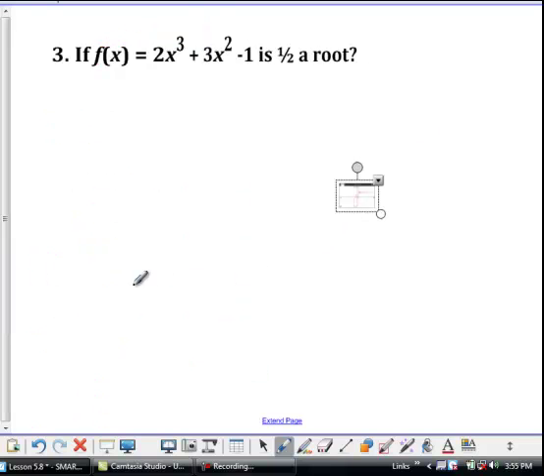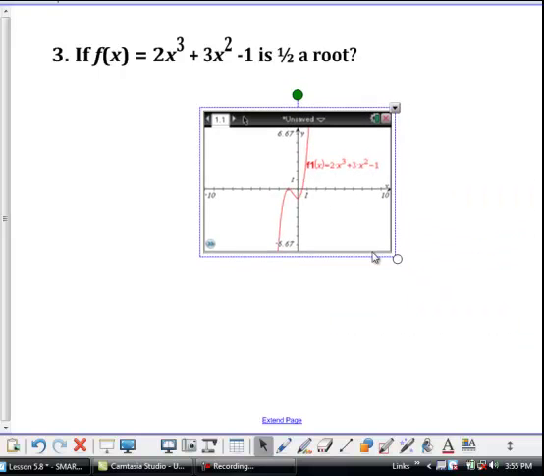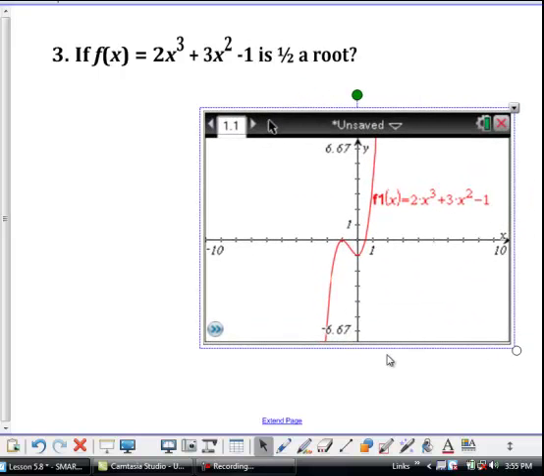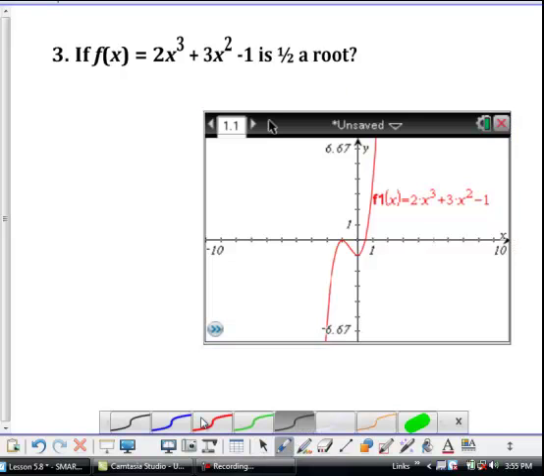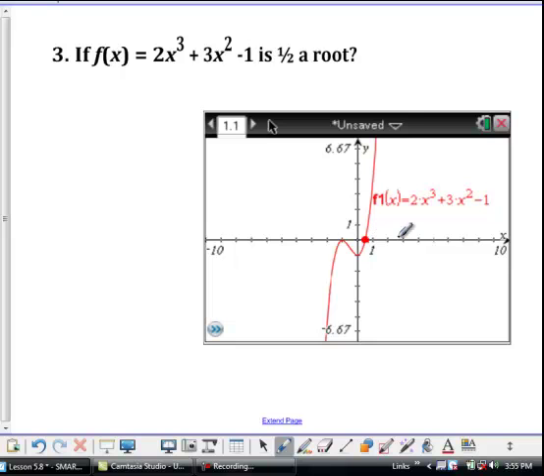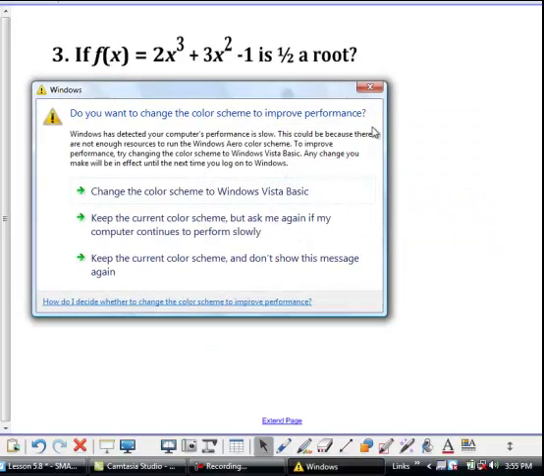Now, this one is asking us, is 1/2 a root? And this is simply a yes or no question. So once again, take the calculator out, graph this on your calculator, and does it cross the x-axis at 1/2? Well, it certainly looks like it does. But once again, I'm going to have to do some kind of math to prove it on the Regents.